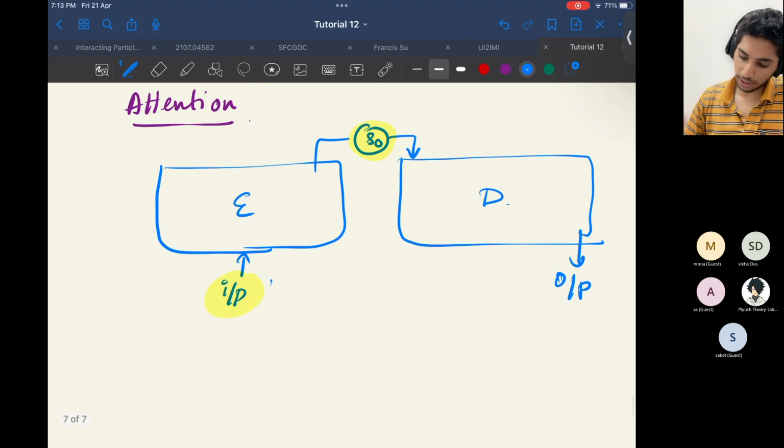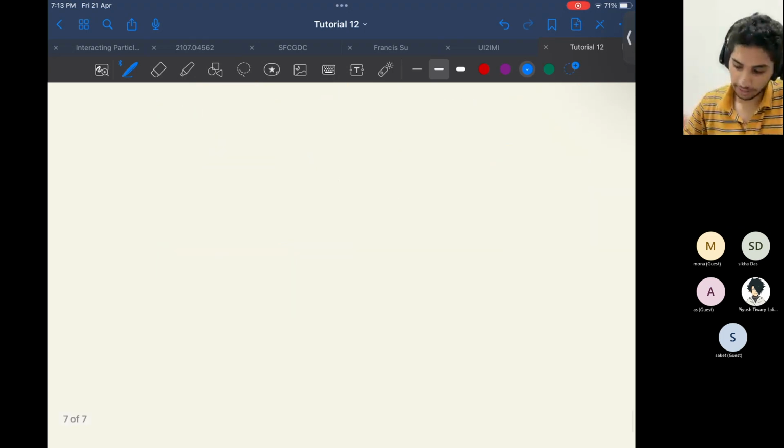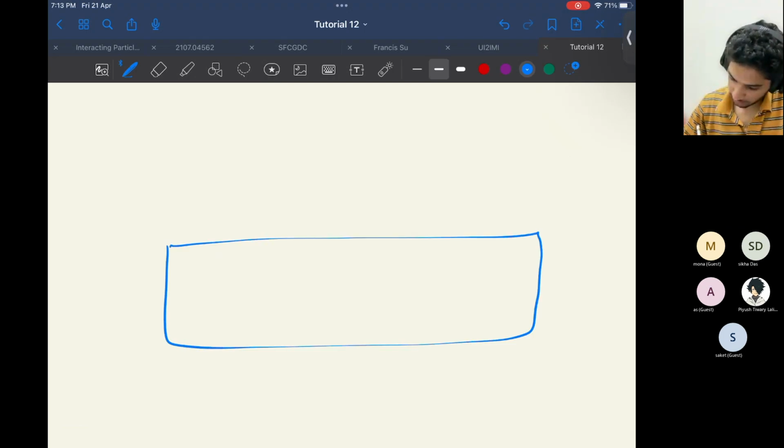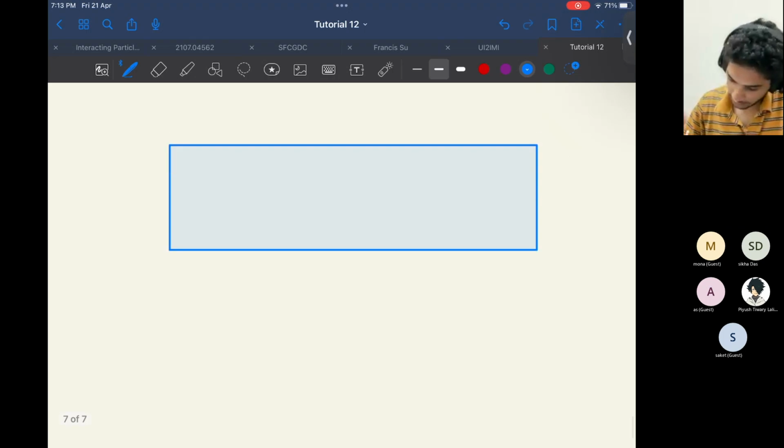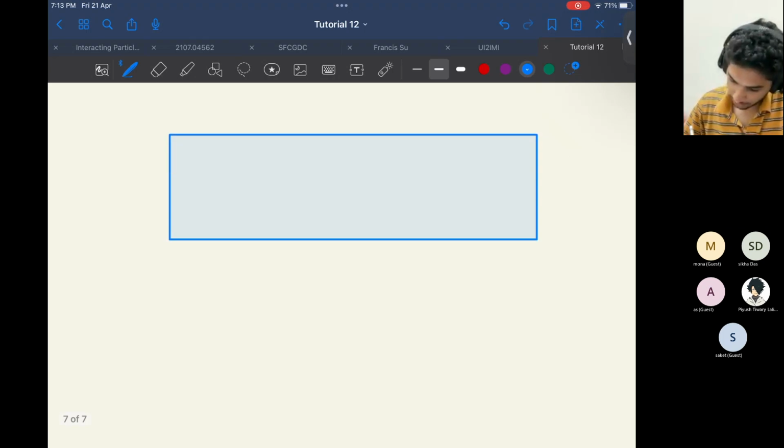What it does is the following. Instead of saying that the entire summary is here in S naught, it says let's say you have an encoder model, with these RNN structures here.